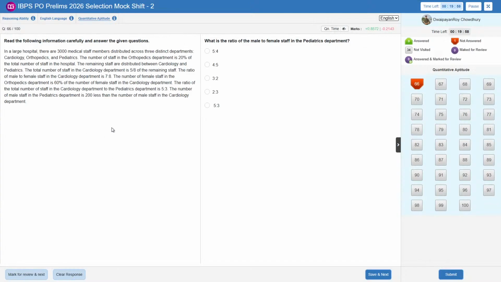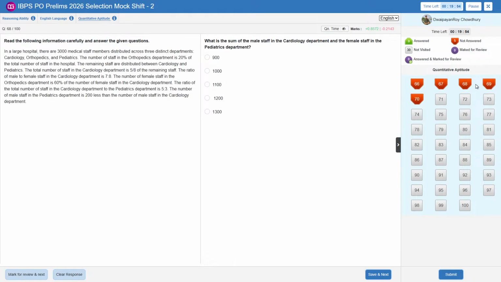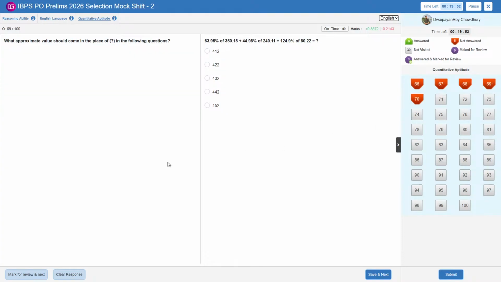Section in a large hospital, okay. This kind of question needs to be skipped first. So 64, 35. 64 into 3, 192 plus 32 plus 45 of 240. 45 of 240 is 120 minus 12 plus 5 by 4 into 80 is 100.